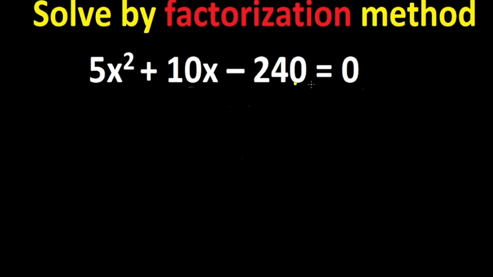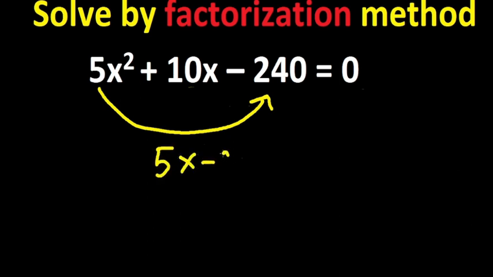Now the value of the discriminant, which we got, which is 70 squared, shows that this quadratic equation can be solved by factorization method. Now, to solve this, the first thing is to multiply 5 by negative 240, which is going to give us negative 1200.